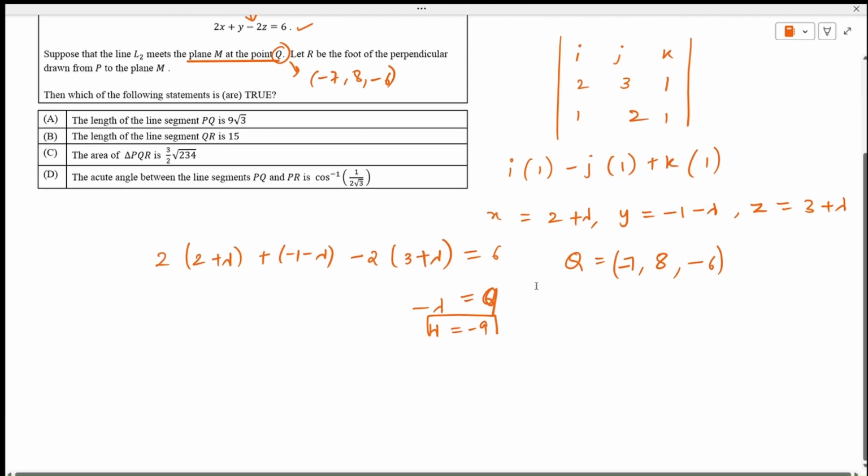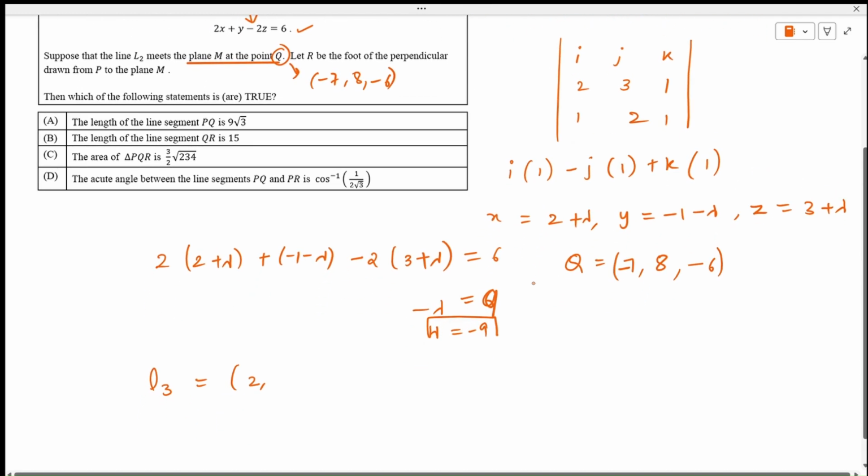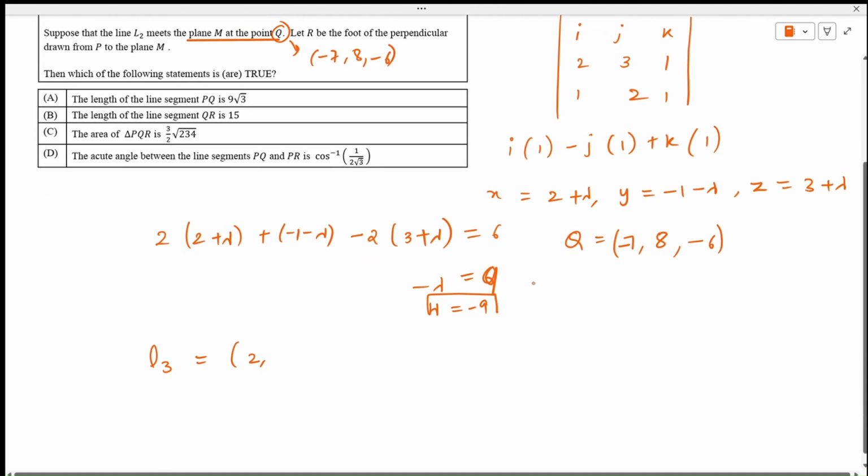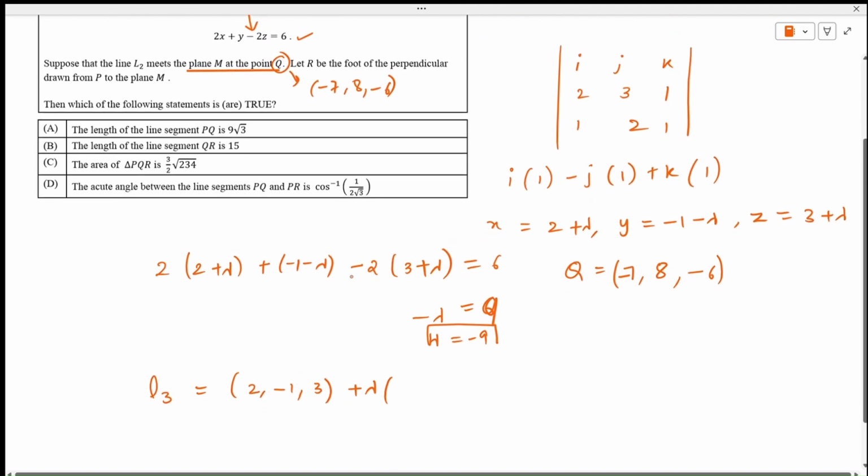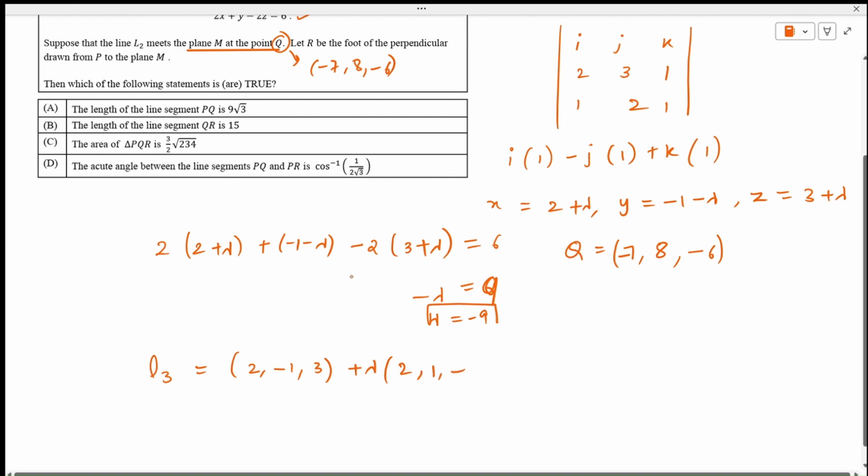Okay, so L3 is equal to, the point is 2, minus 1 and 3 plus lambda of the normal of the plane, which is 2, 1 and minus 2. So from this, x equal to 2 plus 2 lambda, y is equal to minus 1 plus lambda, and z equal to 3 minus 2 lambda.